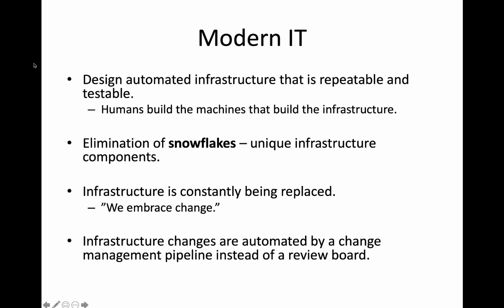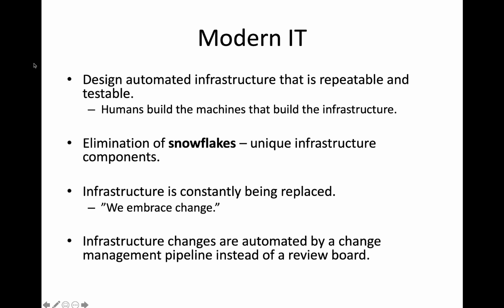Nobody knows how to update it properly. Nobody even knows if it's being backed up properly, and no one dares to turn it off because it's probably providing some sort of critical service to the organization. That's a snowflake, and our goal is to eliminate those snowflakes throughout our organization.